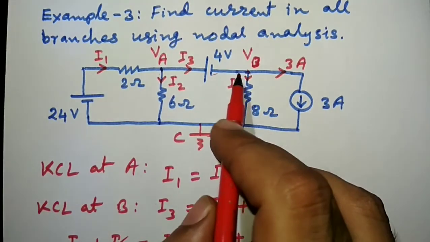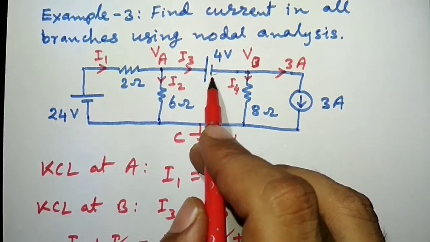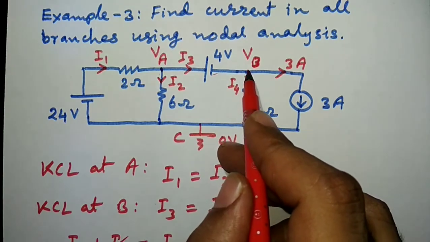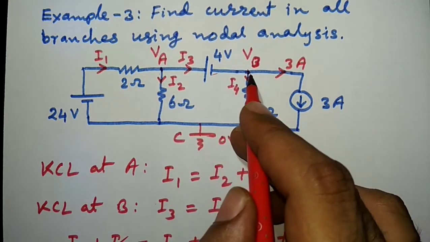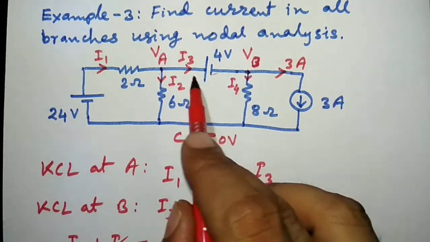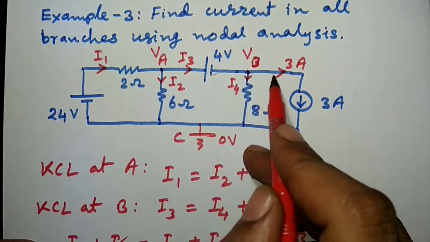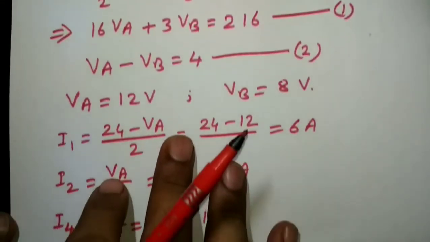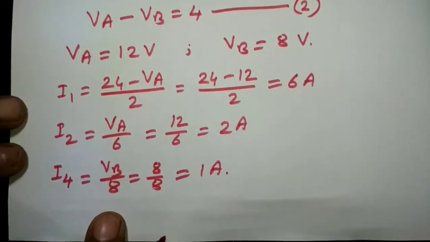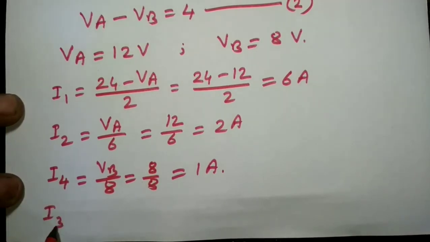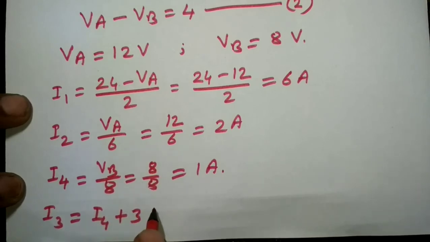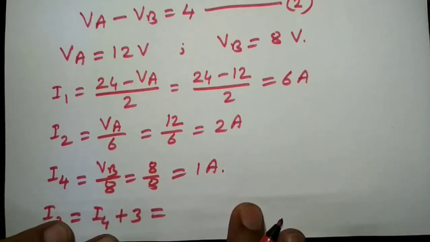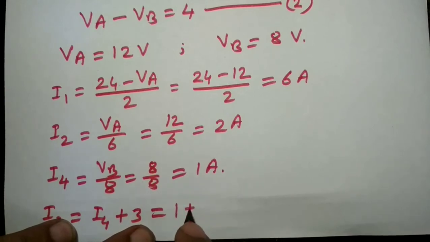That can be calculated by applying the KCL at junction B. If we apply the KCL at junction B, we will see that I3 is equal to I4 plus 3, where the value of I4 we have calculated is 1, so 1 plus 3 will be 4 ampere.